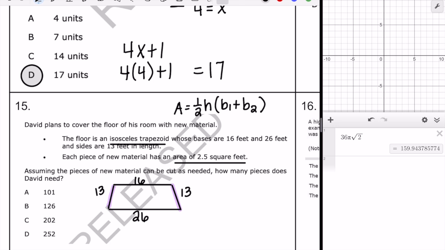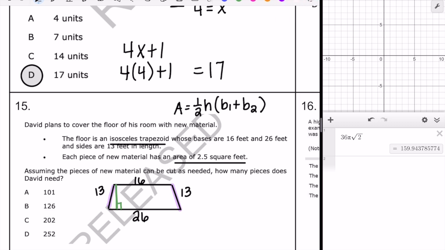Now, the height, that's going to be the tricky part. My height is the perpendicular height. It's going to be from base to base. So in order to find that, I'm going to need to do Pythagorean theorem. But in order to do Pythagorean theorem, we got to figure out what this leftover section is.